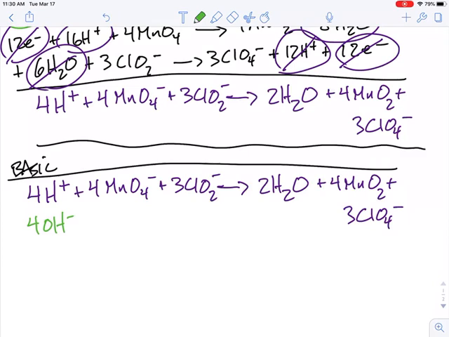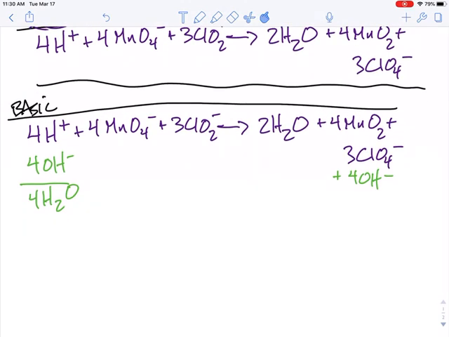And algebraically, if I do that on the left-hand side, I'm going to do that on the right-hand side. I'm going to have my 4 hydroxides added over here. So these are going to add up to 4 waters on the left-hand side, and everything else is going to remain. Okay. So I'm going to rewrite this, showing my new equation if it's basic.